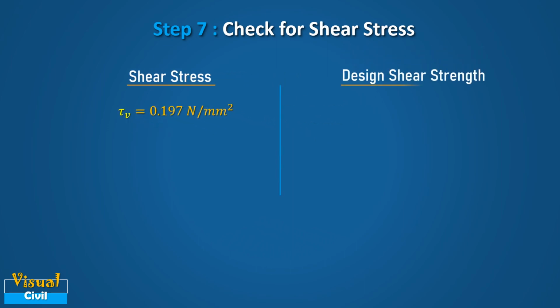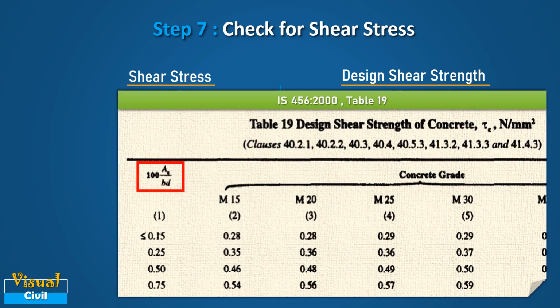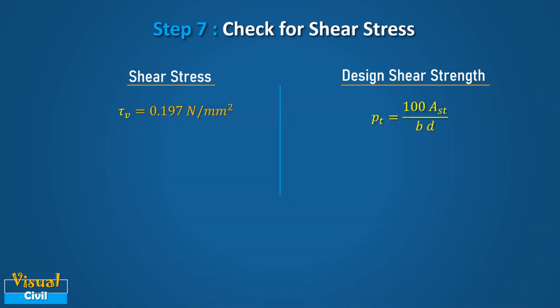Now let us compare this shear stress with the design shear strength of the slab. We can get this design shear strength based on the percentage area of steel provided and the grade of concrete from table 19 of IS 456. So let us calculate the percentage area of the steel provided.